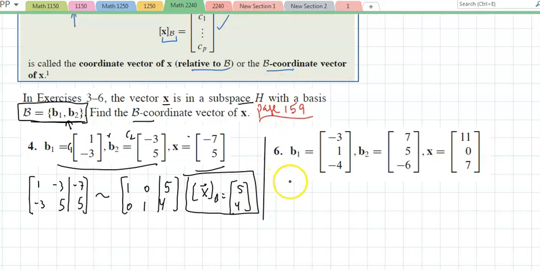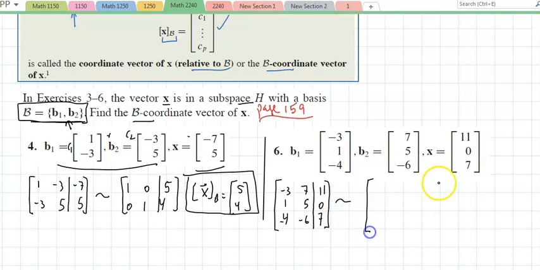Same deal here. They say, look, those form bases, but here we have one exception. Those vectors are 3 by 1. So if I work this out, I already know what's going to happen. Can you guess?